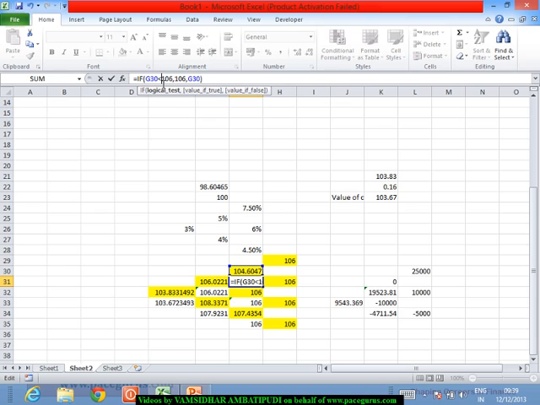The reason being, in a puttable bond, I will exercise the option when the market price is less than the strike price. So I will put up a simple rule here: if this is less than 106, take 106, otherwise keep it as it is. That logic itself is sufficient to evaluate the value of the puttable bond.